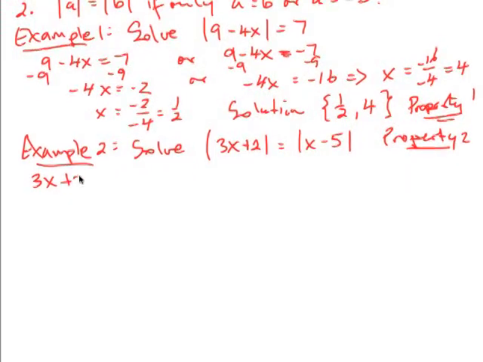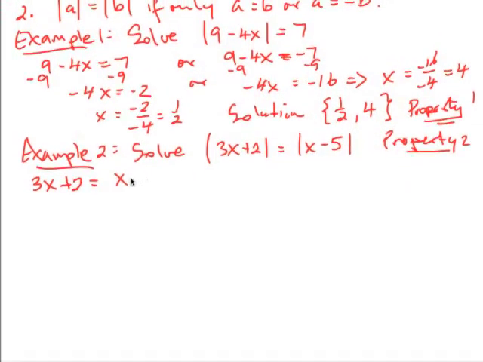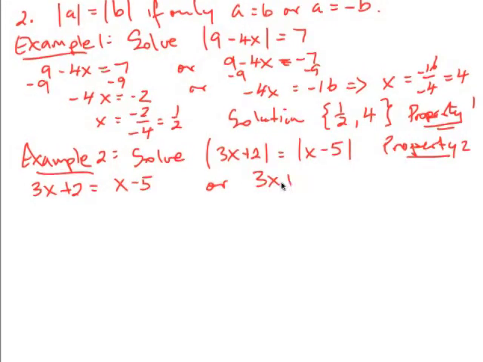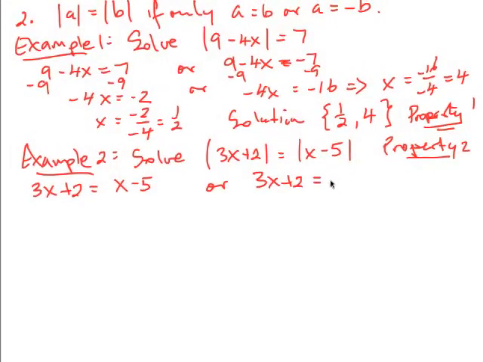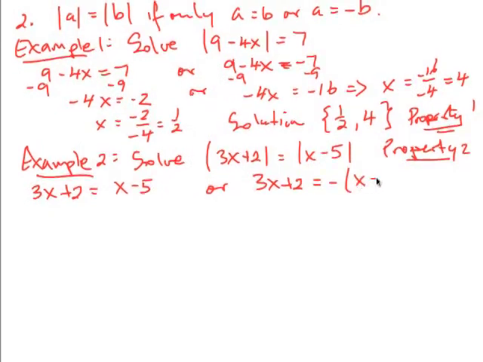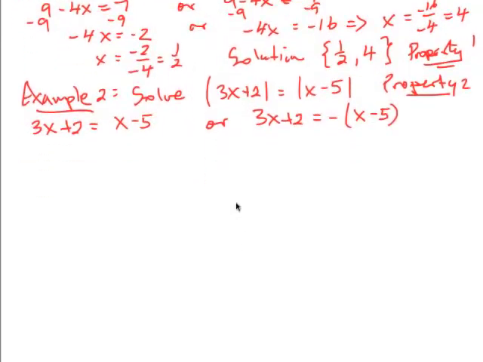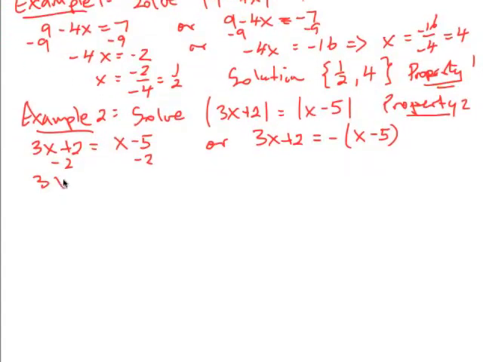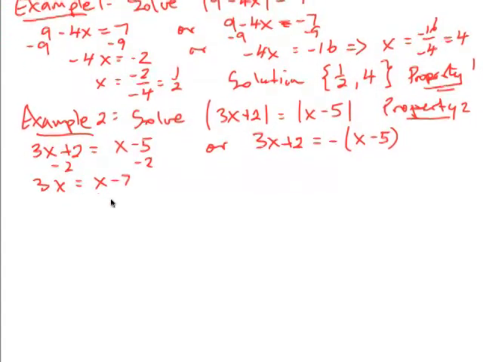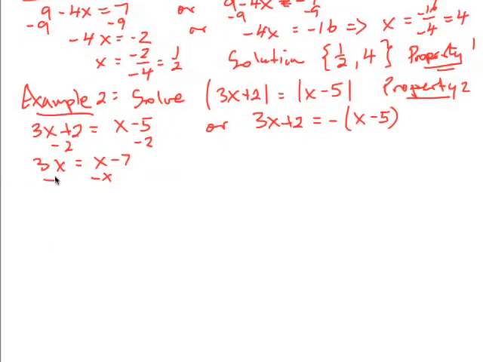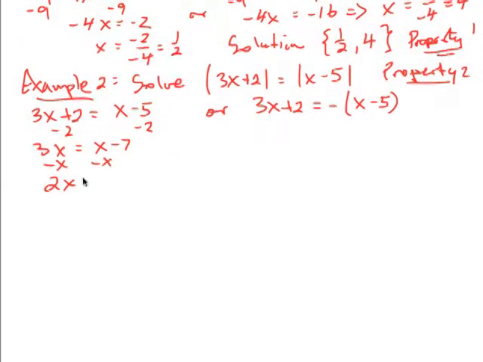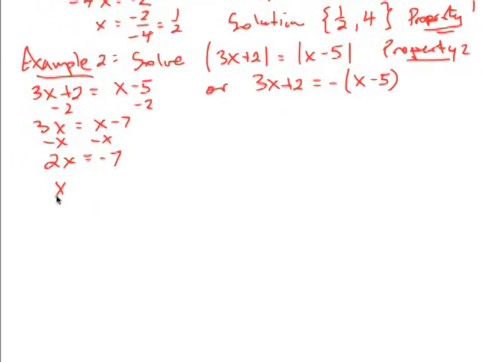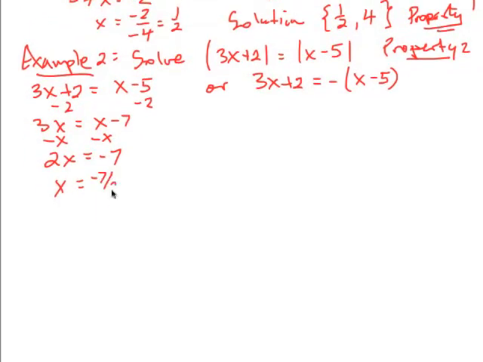I have 3x plus 2 is just equal to the positive of this, or I have 3x plus 2 equal to the negative of it, and we must use the parentheses. Here we'd subtract 2 from both sides, so I'd end up with 3x is equal to x subtract 7. I'd subtract x from both sides, and get 2x is equal to negative 7. And so x here would be negative 7 over 2.